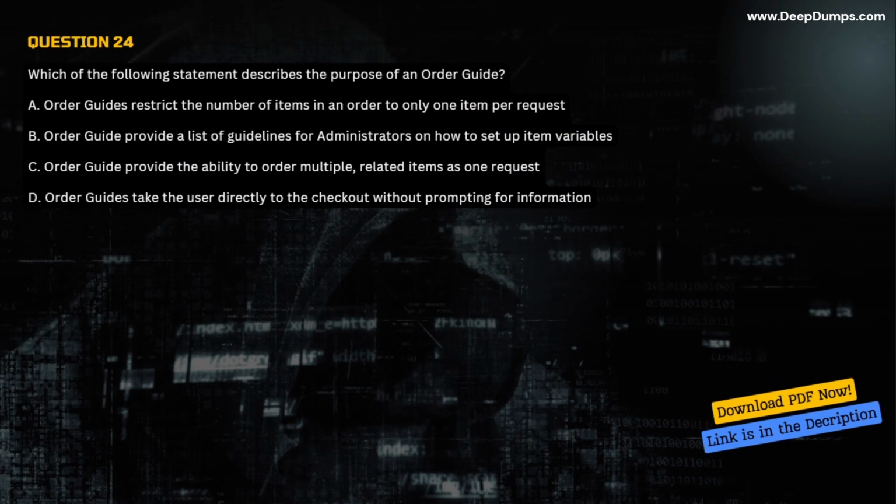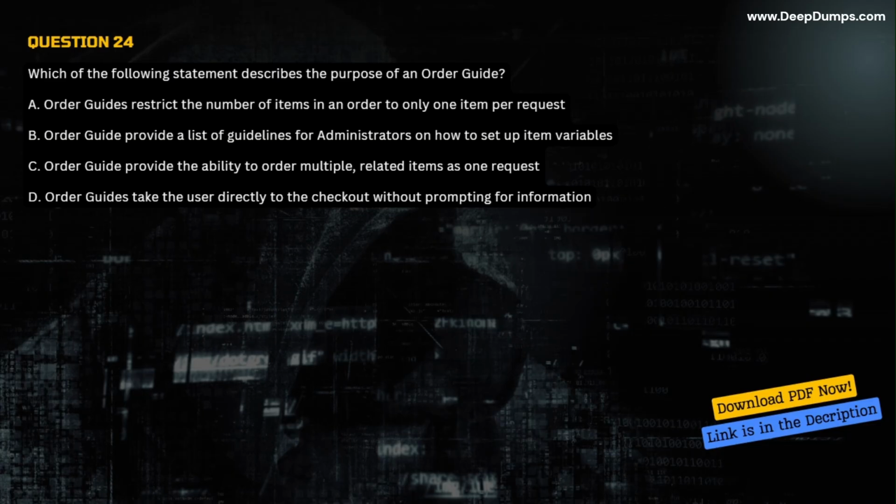Question 24. Which of the following statements describes the purpose of an order guide? A. Order guides restrict the number of items in an order to only one item per request. B. Order guides provide a list of guidelines for administrators on how to set up item variables. C. Order guides provide the ability to order multiple, related items as one request.